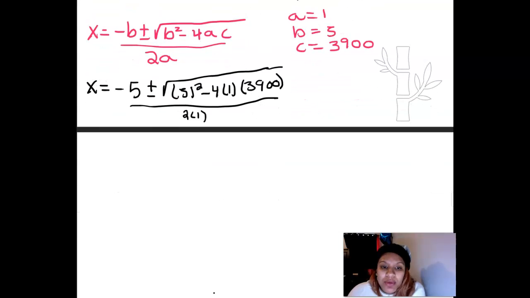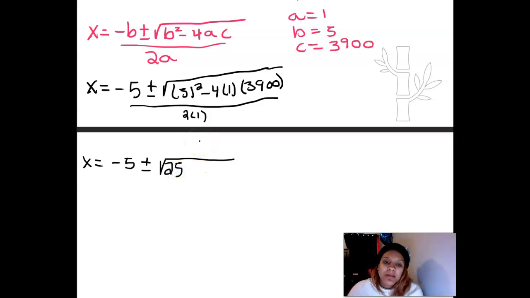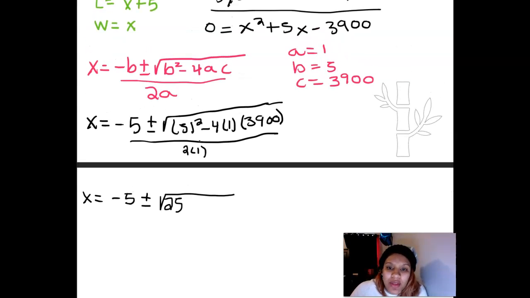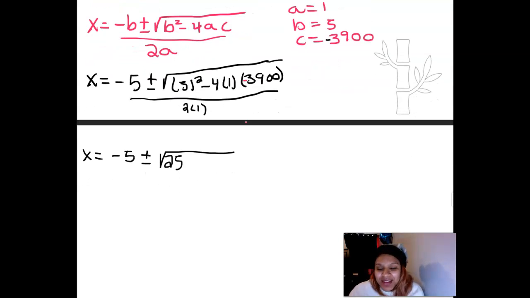All right, so now we're just going to simplify inside the square root, one at a time. I'm going to do the 5 squared first. That gives me 25. Then I'm going to say negative 4 times 1 gives me negative 4, times, talking about the negatives, hopefully you saw that, this guy here is a negative. I'm saying the negative, and here I go, I missed the negative. Not good.